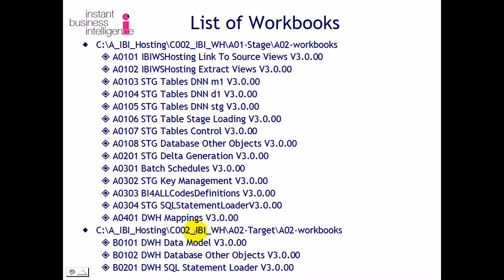And of course, the last thing in the staging area is the data warehouse mappings spreadsheet. You've defined all these things, you need to define all your mappings. Now obviously the mappings bridge between stage and target. So in the target workbooks, you have obviously the data warehouse data model itself. You have the other database objects required, such as indexes and views.